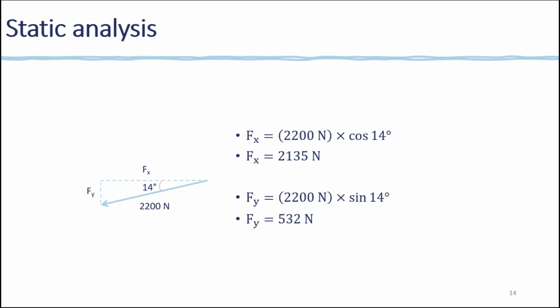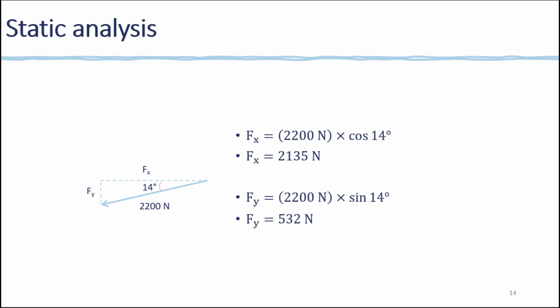If there's no horizontal acceleration, then the sum of all horizontal forces must be zero, and the same is true for the vertical forces. So the equilibrium equation, the sum of forces equals zero, becomes two equilibrium equations, one for horizontal forces and one for vertical forces.